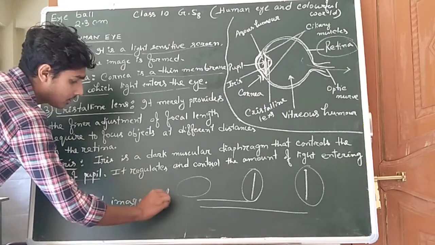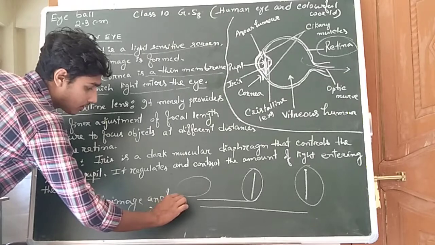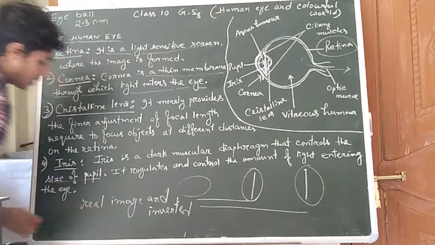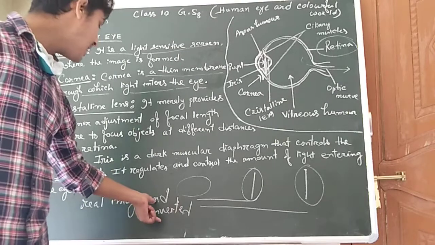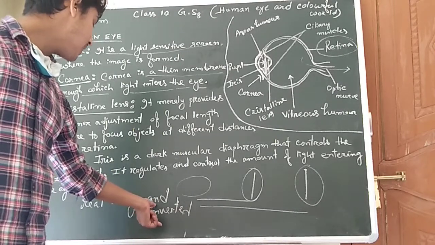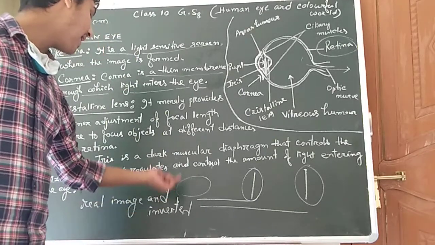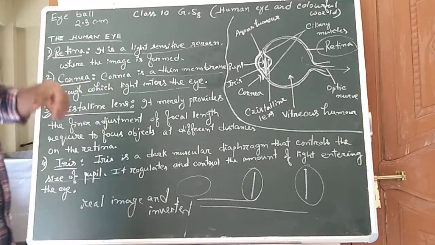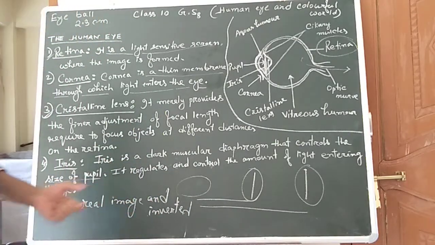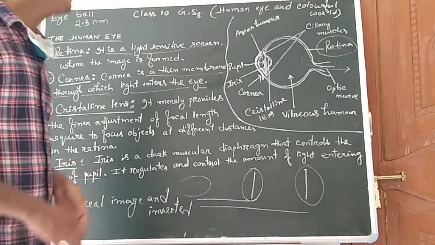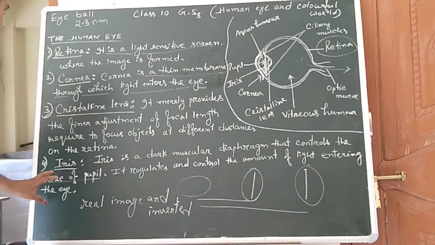Always remember, our human eye makes a real and inverted image. And after this signal enters our human brain, this inverted image turns into an erect image and lets us see an object very clearly. So these are the functions of retina, cornea, crystalline lens, and iris.